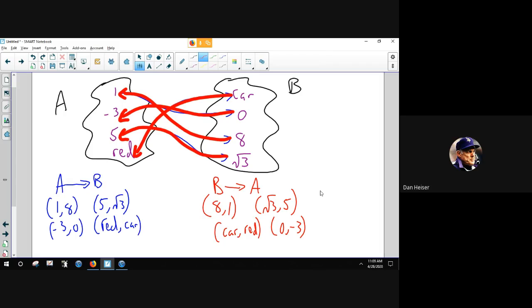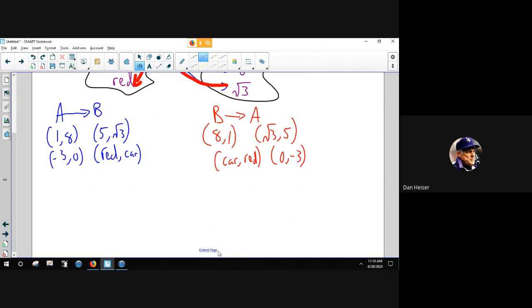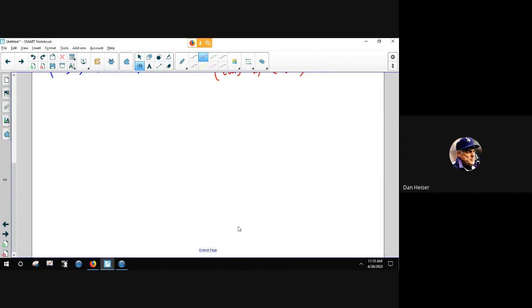You may recall that a function is allowed to have repeated y values. But when we flip x and y, repeats are going to get us in trouble. For instance, let me make a new function down here.